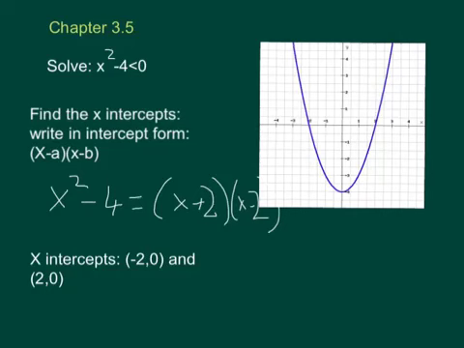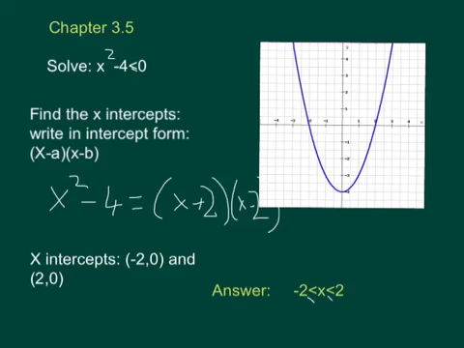So my answer is x is between -2 and 2. That's my final answer. Notice that if it would have asked us smaller or equal to, then the answer would be smaller or equal to. But it hasn't.